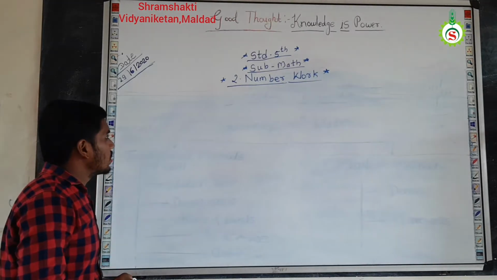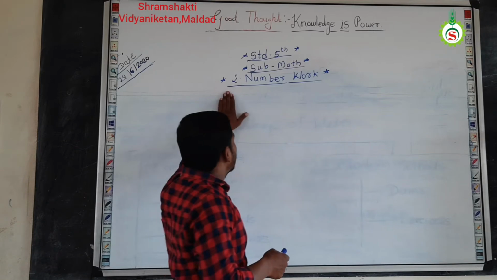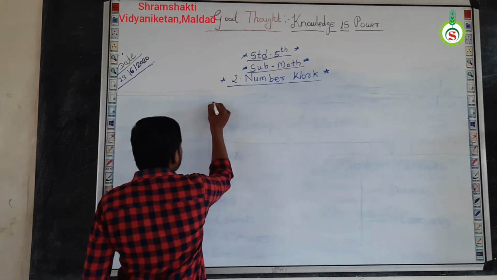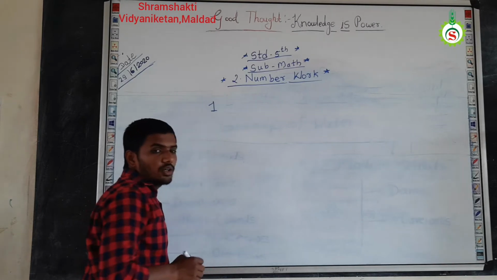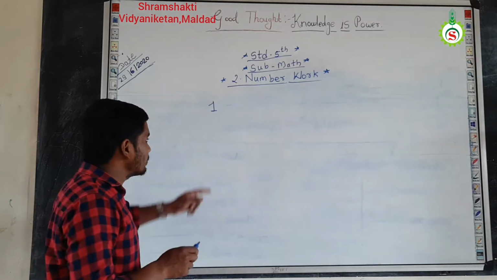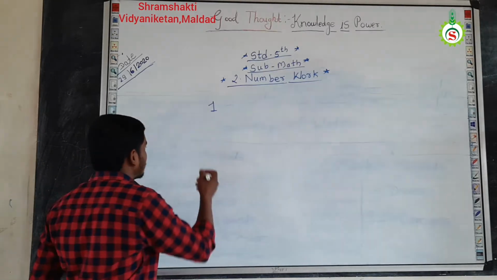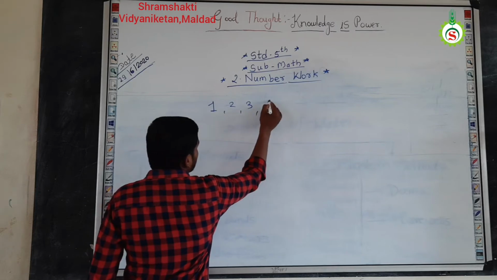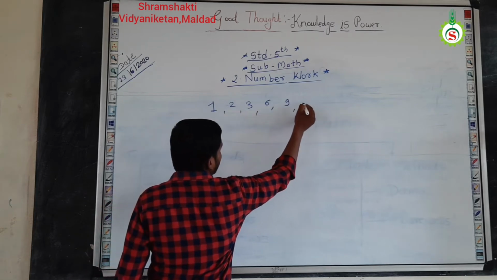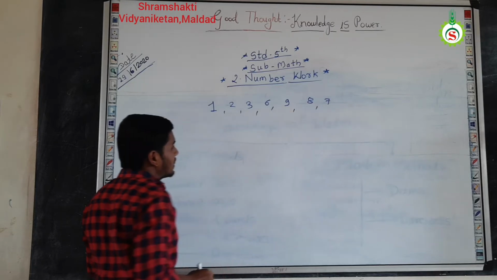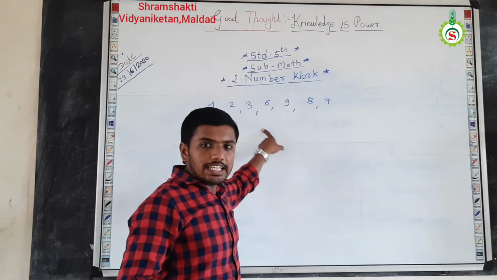Up to the fourth standard, we have seen that a 1 digit number means a number having only the unit place. Single digit means only unit place, like 1, 2, 3, 6, 8, 9, 7. All those numbers are single digit numbers.